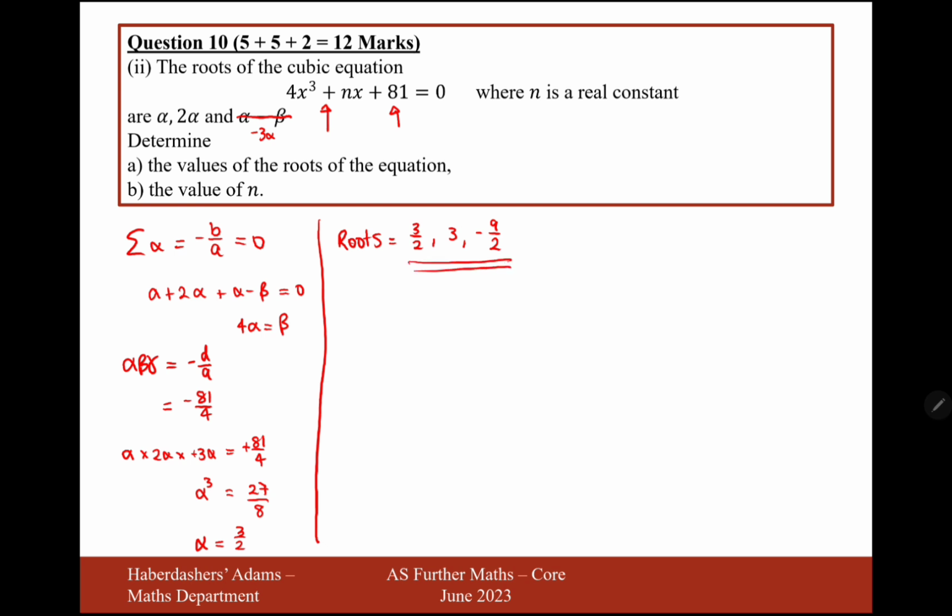And then find the value of n. So the value of n is where the sum of the doubles equals c over a.